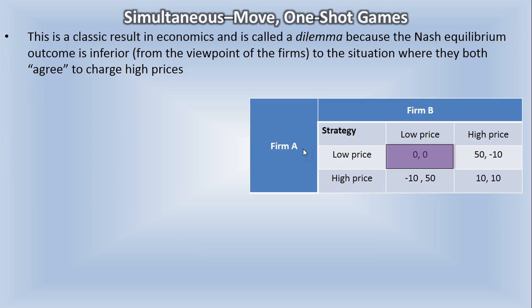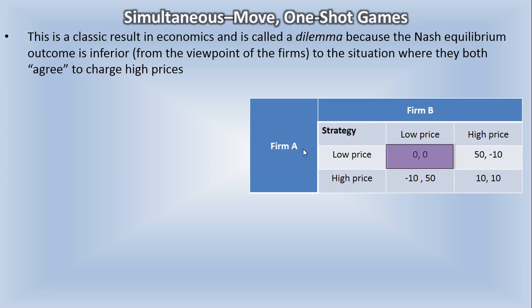In the pricing game, that means both maintain that higher price, don't cheat on each other, and earn better profits than if they both cheat and wind up in the competitive outcome where they earn 0 economic profits.